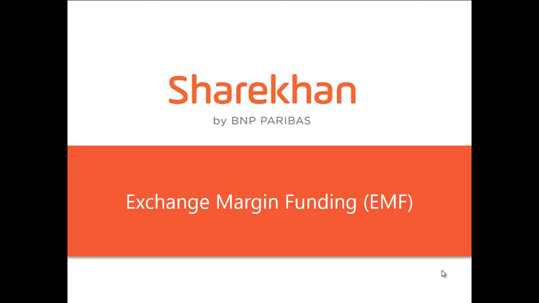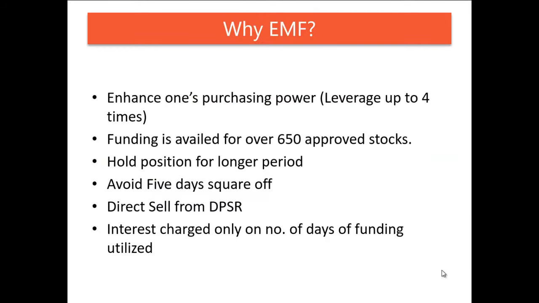So let's get started. Let's see in detail what you will have to know about EMF, that is exchange margin funding. With exchange margin funding, you get purchasing power, that is leverage, when you're buying through EMF, and you will get this funding for about 650 approved stocks from the exchange.